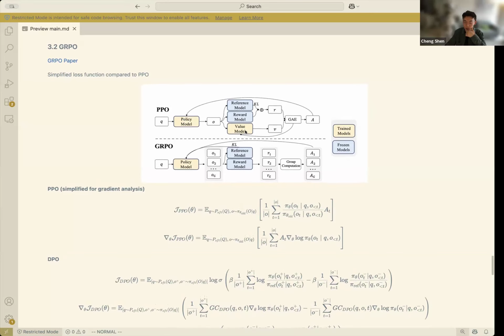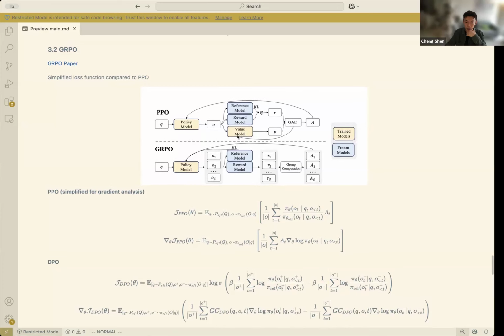Usually this value model is basically the value function in the RL process, and it's initialized from the supervised fine-tuned checkpoint of the large language model. So essentially the policy model and the value model are of the same size, both initialized from the pre-trained large language model. So it's a really heavy process to run inference on the value model or train it. Essentially, we are training two large language models at the same time in PPO.